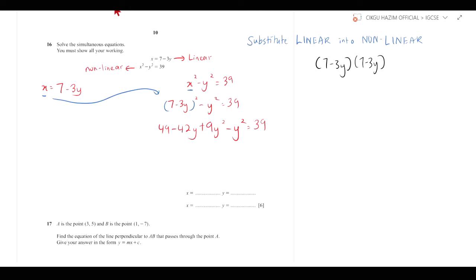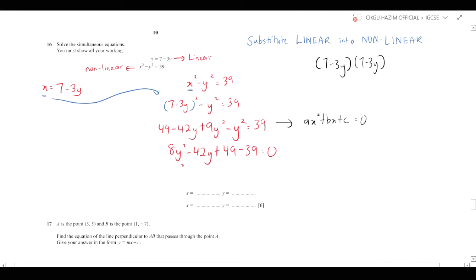Rearrange everything to make it a quadratic equation, ax squared plus bx plus c equals 0. I move everything to the left side and rearrange it. So 9y squared minus y squared is 8y squared, negative 42y, and plus 49, and 39 moved to the left side becomes minus 39 equals 0.